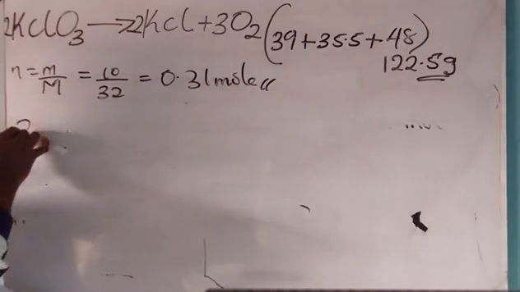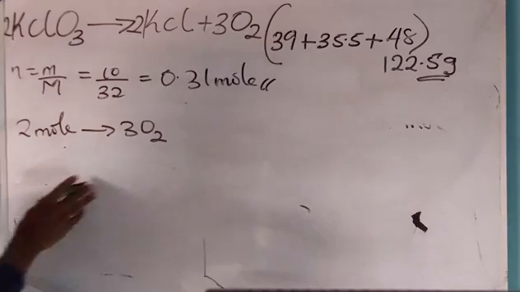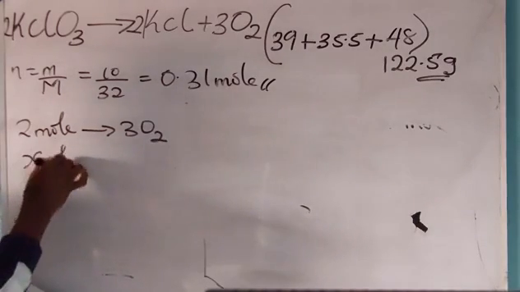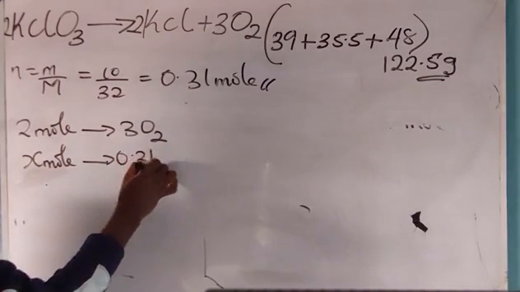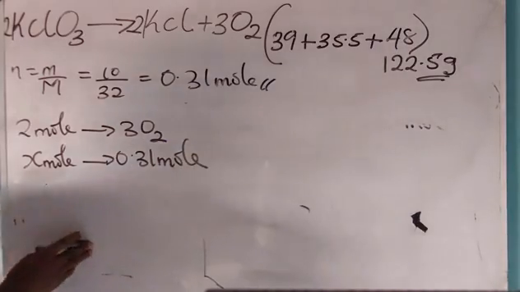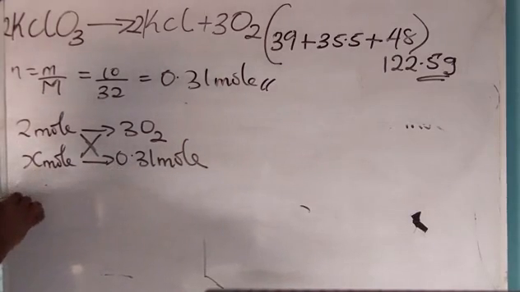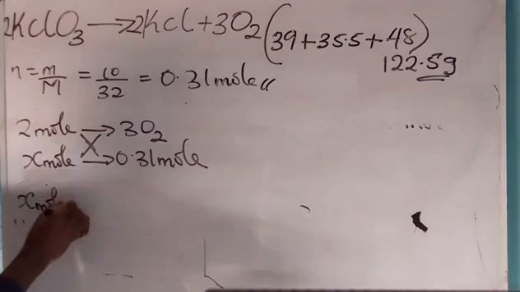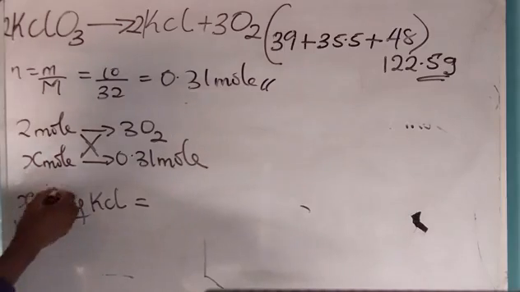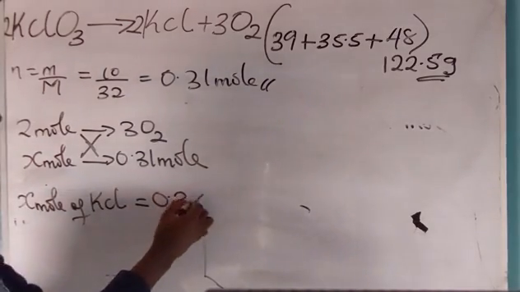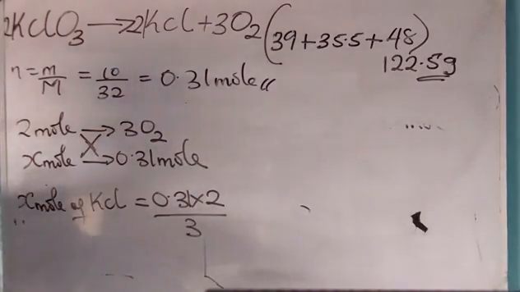Okay, number of moles equals what? Mass over molar mass. It therefore means that number of moles is 0.31. Something is missing here. Oh, 2 moles will produce 3 moles. Then X mole will produce 0.31 mole. Good. So what do you do? You cross multiply. So X mole of this now is equal to 0.31 times 2 divided by 3.